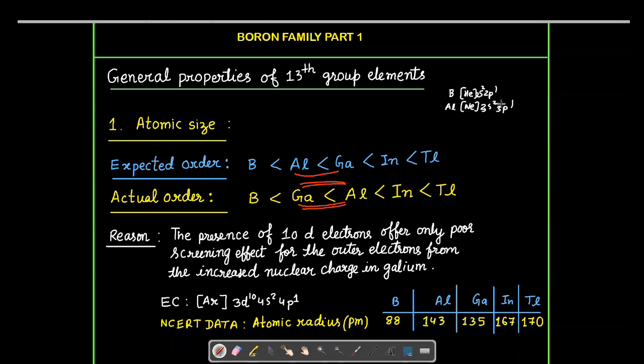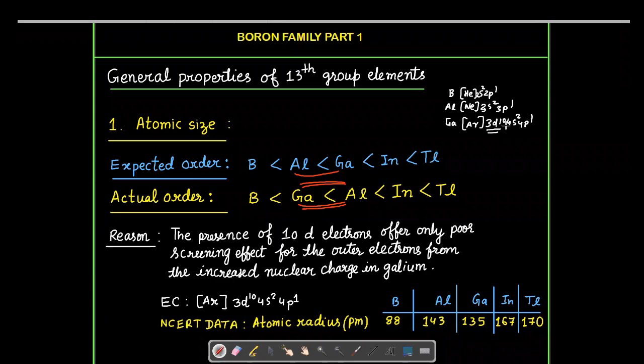And for gallium, the first time electrons are filled in the 3d orbital, so the electronic configuration is argon 3d10 4s2 4p1.